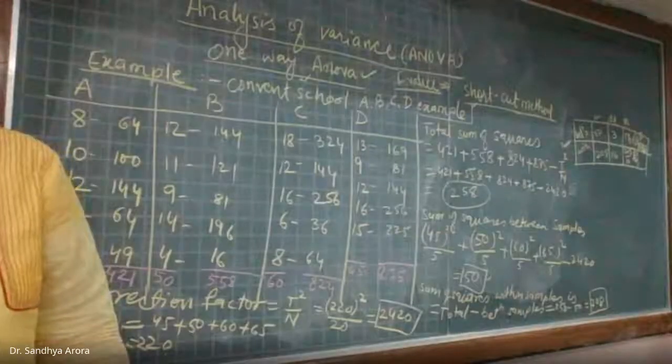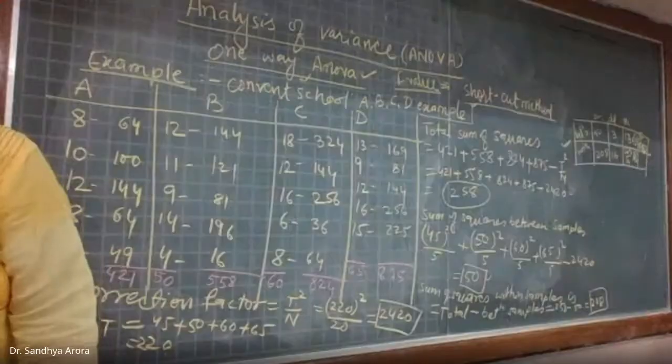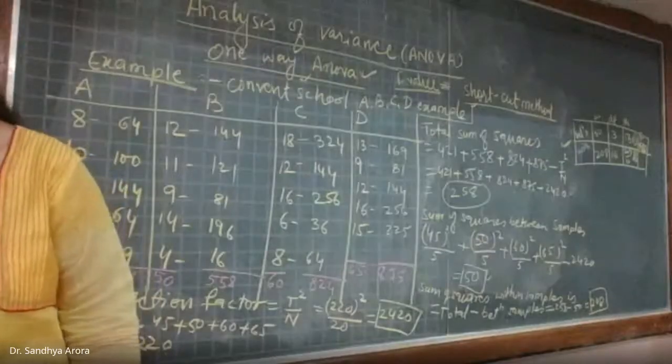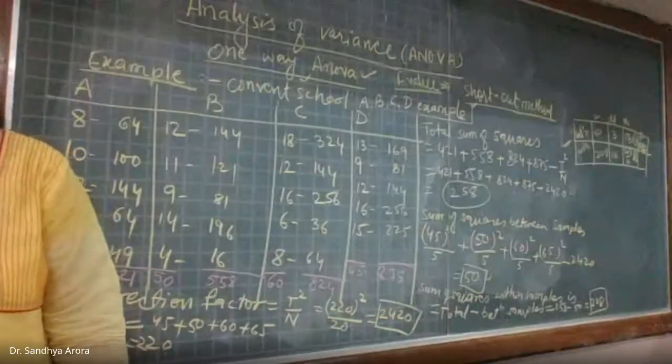Ma'am, whatever you wrote just now was not visible. Why did we divide by 5 when we were calculating the sum of squares between the samples? Yes, you are audible, but I did not get your question. Please repeat. When we calculated the sum of squares between the samples, why did we divide by 5 for each square?